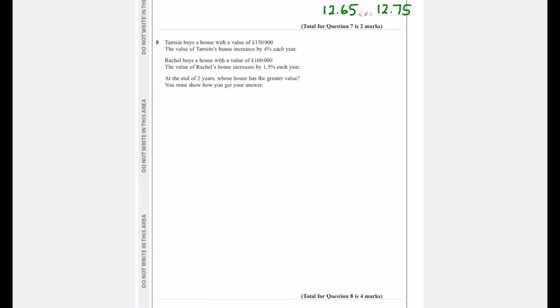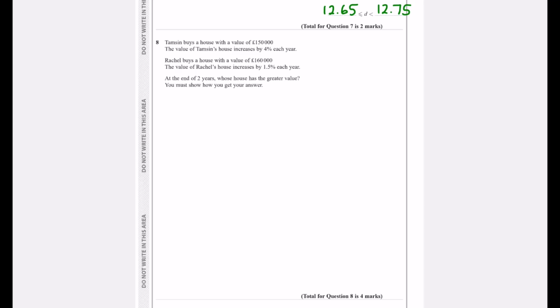Question 8. Tamsin buys a house with a value of 150,000. The value of Tamsin's house increases by 4% each year. Rachel buys a house with a value of 160,000. The value of Rachel's house increases by 1.5% each year. At the end of two years, whose house has the greater value?